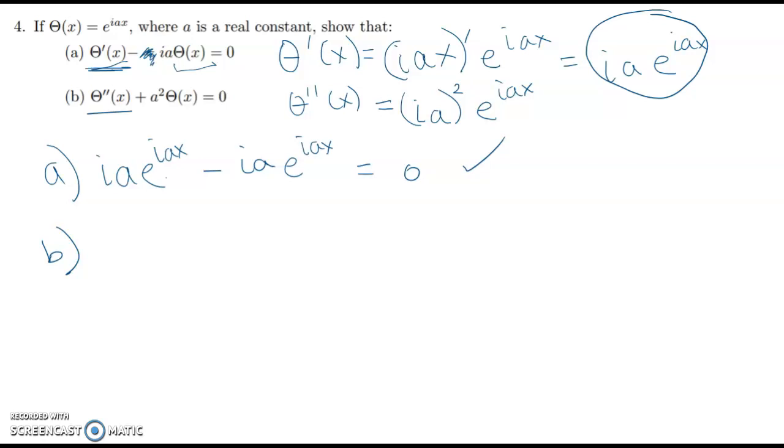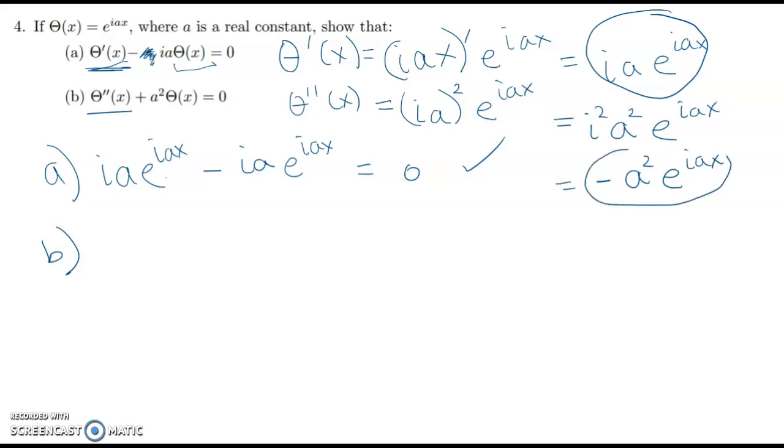So i a is multiplied by itself two times. This is the same thing as i squared a squared e to the power of i a x. And what's i squared? That's -1. So we have negative a squared e to the power of i a x.